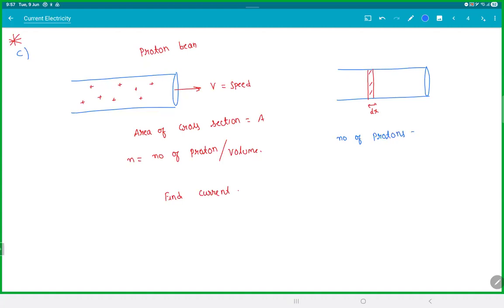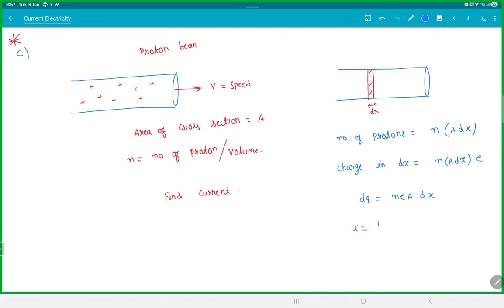Number of protons will be n, the number of protons per unit volume, into A into dx. So what is the total charge in this thing? Charge in dx will be n into A dx, that is the number of protons, into E. E is the charge of a proton. So we got dq is equal to nEA dx. That is the charge in that.